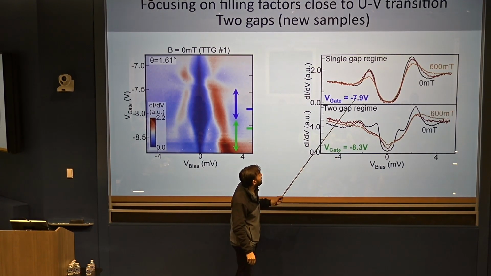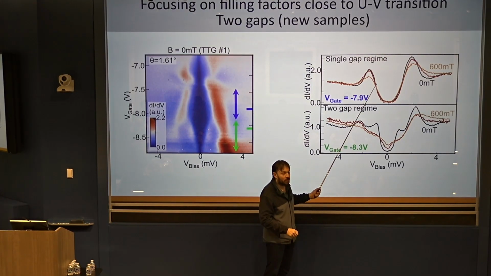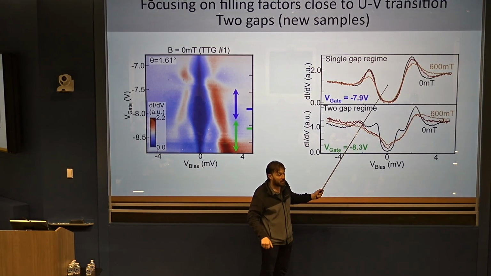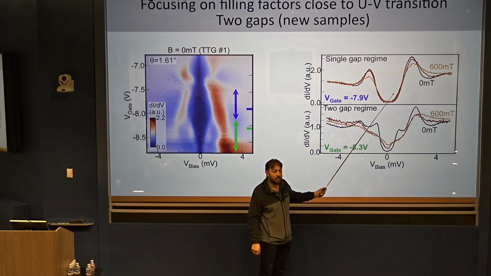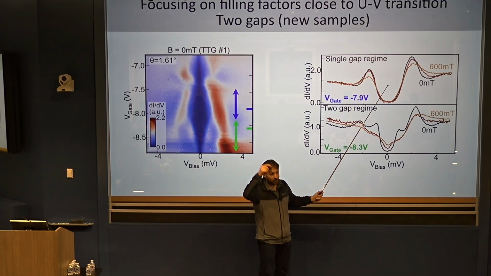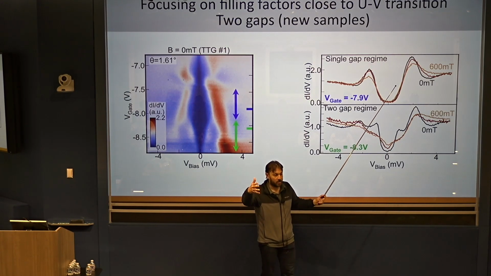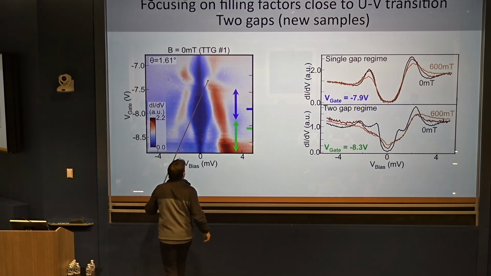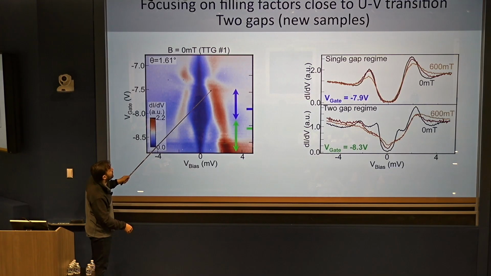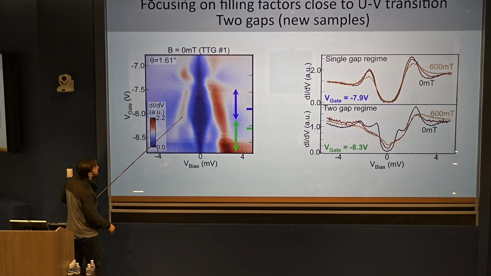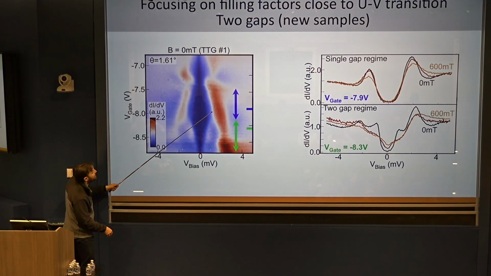The fact is that we suspect that the superconductivity is actually strongest here, where you essentially have what we now think is this outer gap on top of the inner gap. So if you can follow this evolution, here you have some kind of a gap, and then something splits off here.